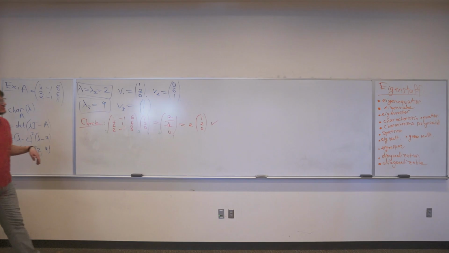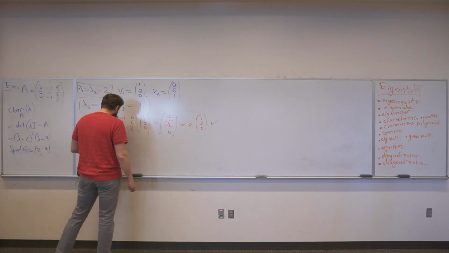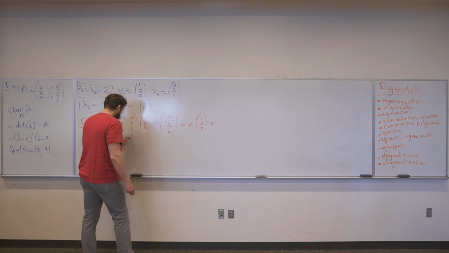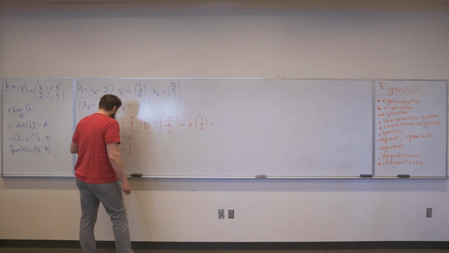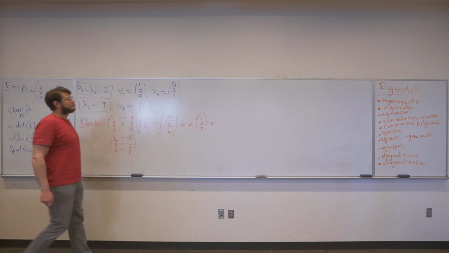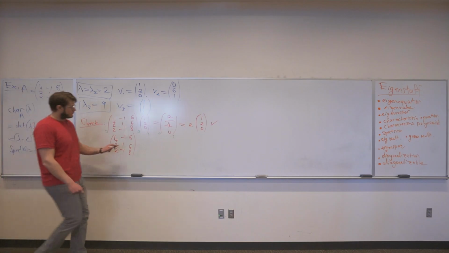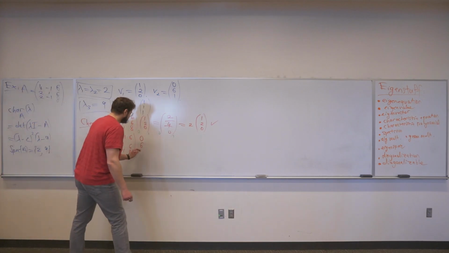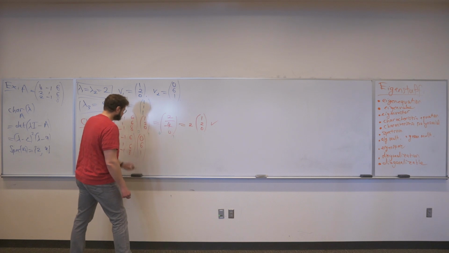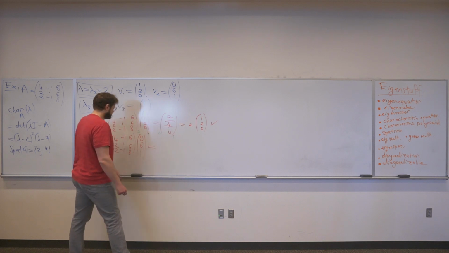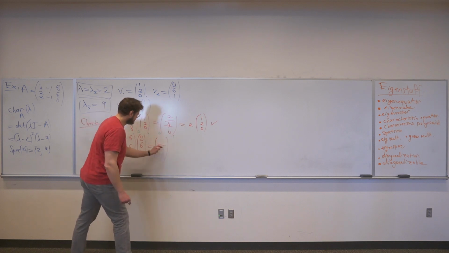Let's finish the verifications here, just to be super clear. Because somehow this eigenstuff really does creep on you, okay? 0, 6, 1. Okay. Let's multiply.